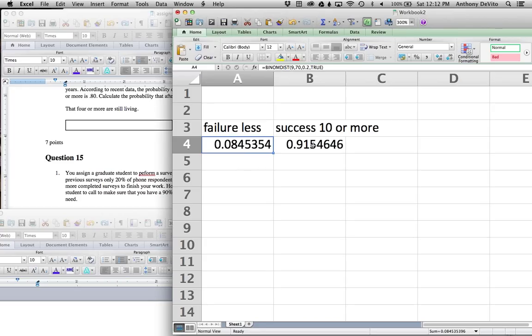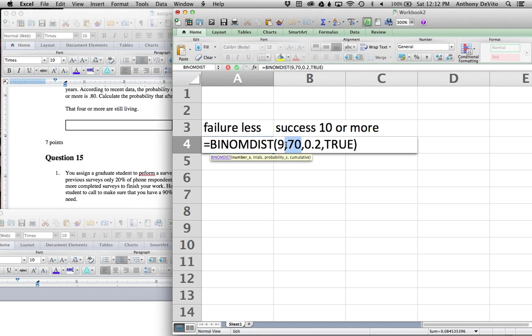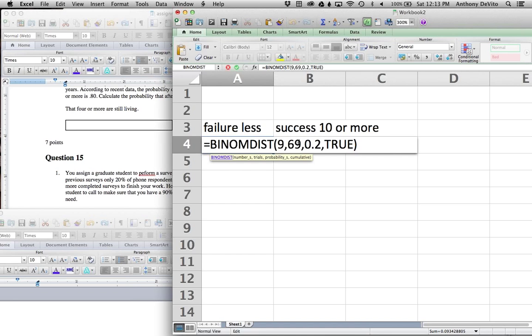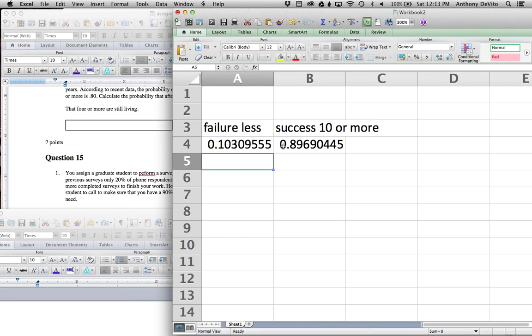So I got better, but you want to know something? I might actually be able to do less and still be over 90%. So let me go back in here and change this to 69. See if I'm still over my 90%. Well, I'm still over 90%. Okay, let's try 68. Maybe I can make one less call. Oh, that won't do.